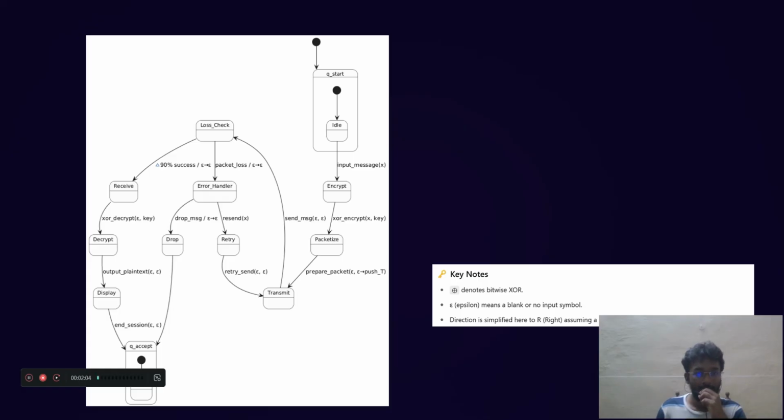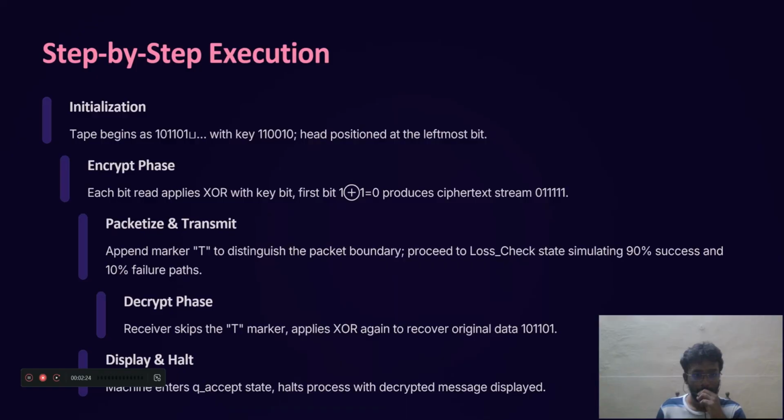Else we consider it as packet loss and we go to the error handler. Then we try to resend it. If there is an error in the message, we drop the packet and end the message. If the message is 90% success, we go to the receive side. Then we decrypt the message and then we display the message to the receiver who receives the message.